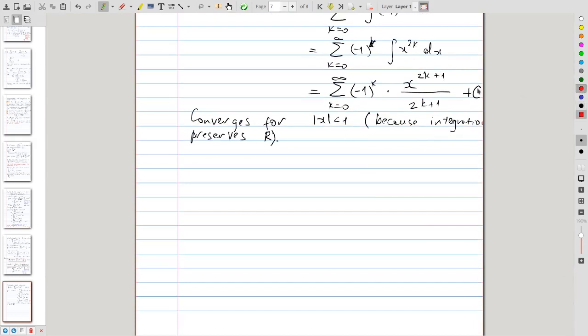So let us make a remark. We are not saying anything about the endpoints of the convergence interval.